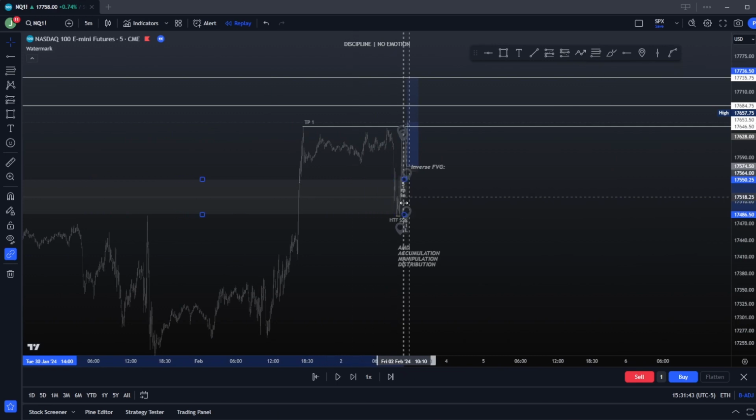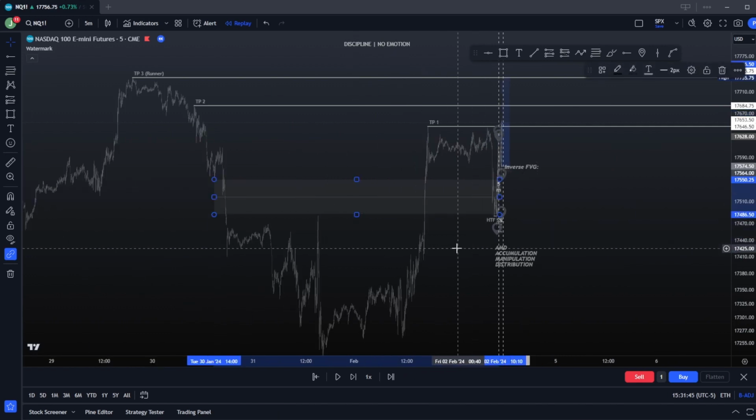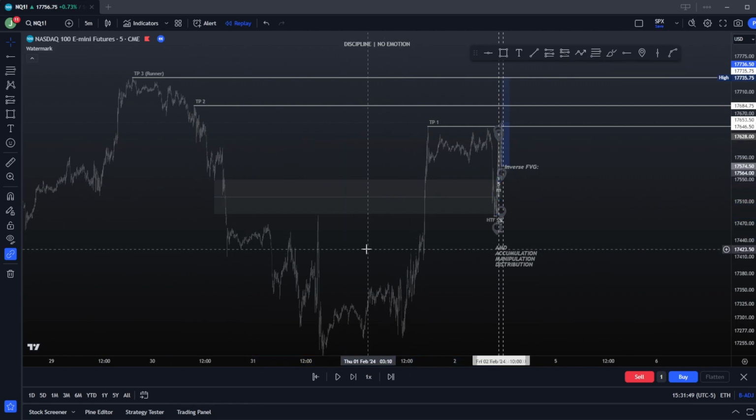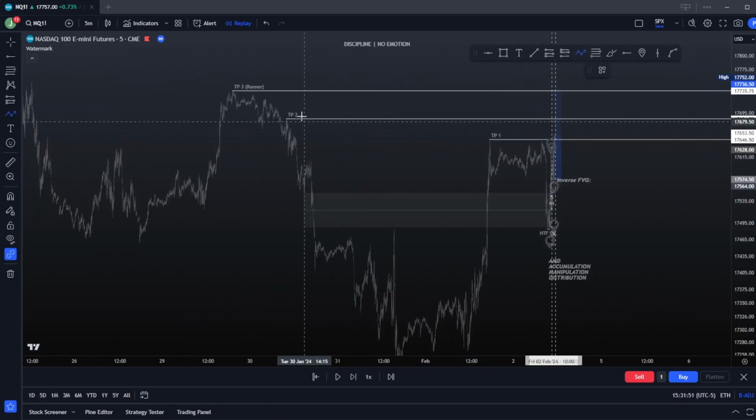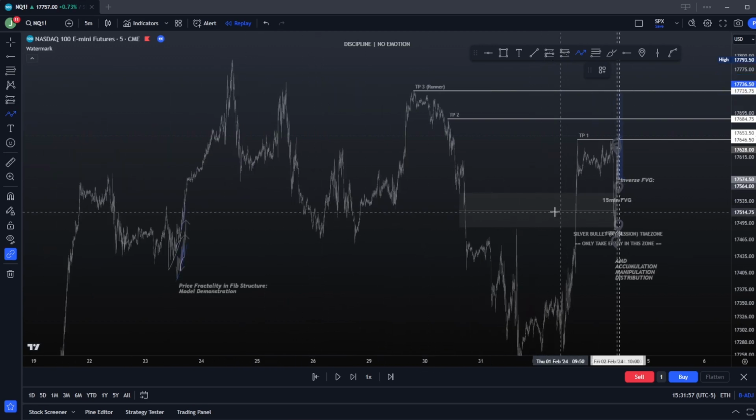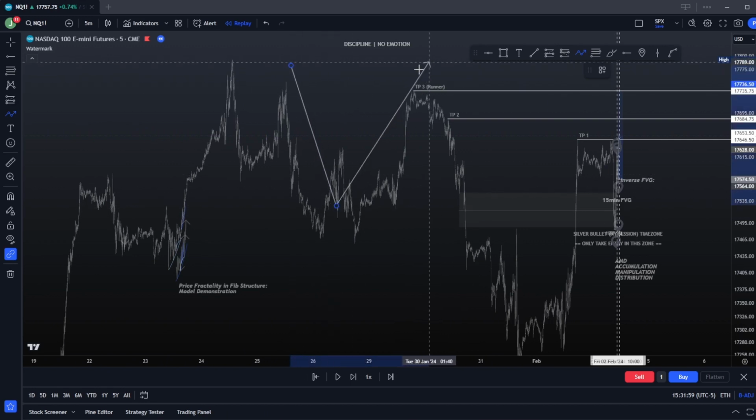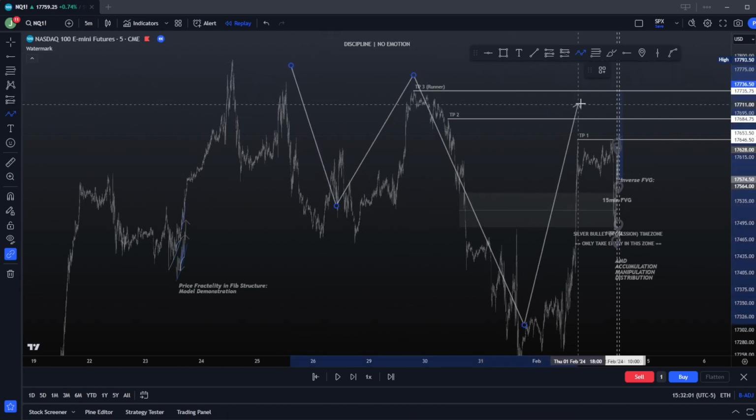And we tapped into that. I don't know exactly how it's drawn, but we tapped into that. So now on a higher time frame, we have that same look. It's crazy. Inverse head and shoulders.